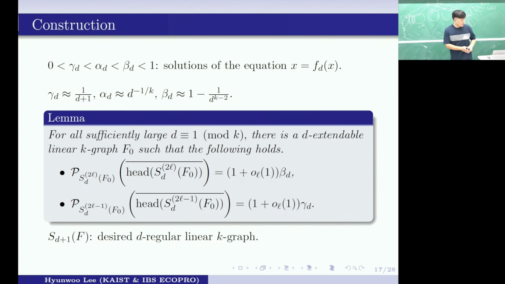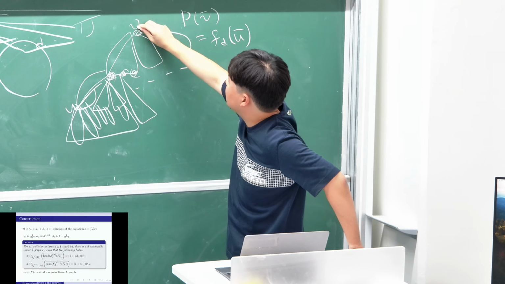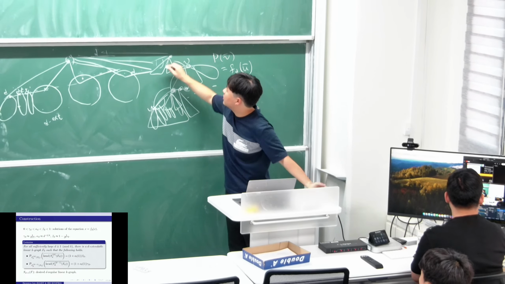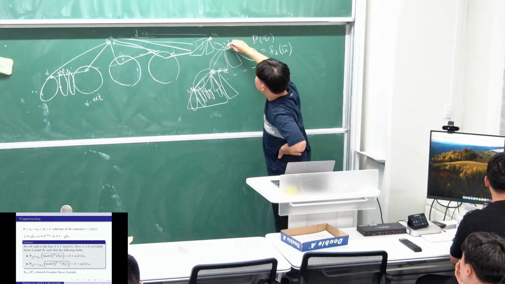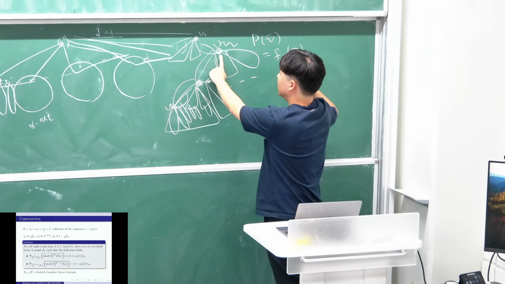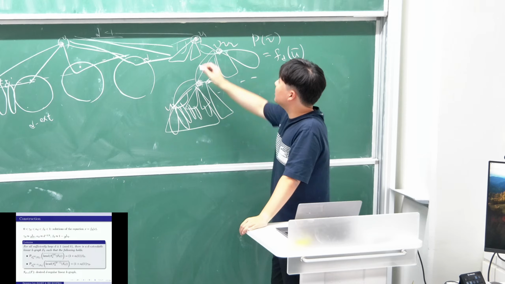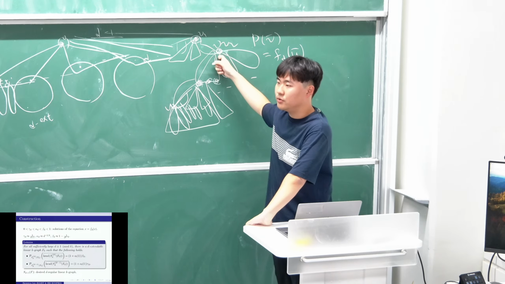If this was the final function and we do it again to make it D-regular, then I claim that this is V1 and this is V2, because from this perspective it affects very little the probability on V2.